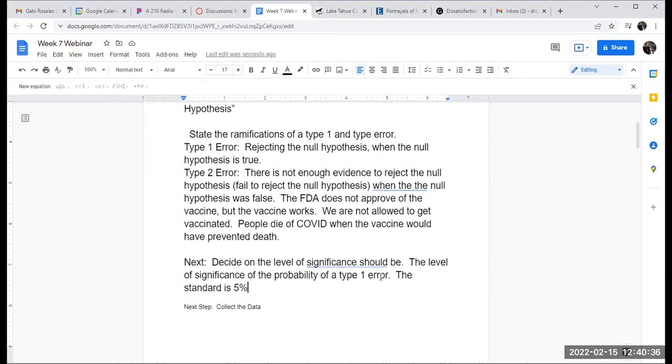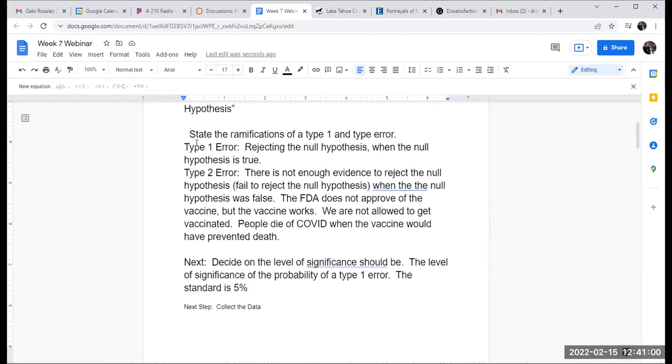And then you go up or down depending on it. Any questions on that? Okay, but if the only thing that matters is reputation, then 5% is what everyone uses. If type 1 and type 2 is all about reputation and that's it, 5%. That's standard. Any questions at all on deciding on the level of significance?